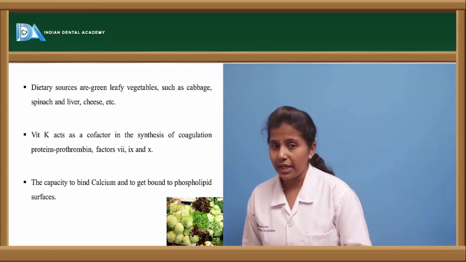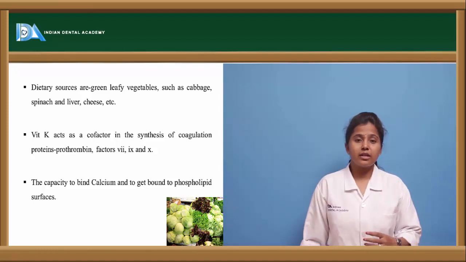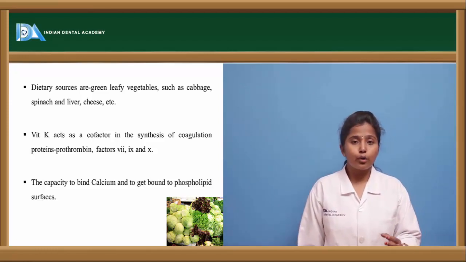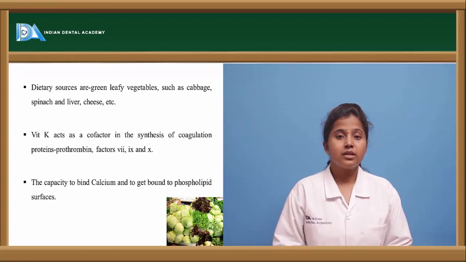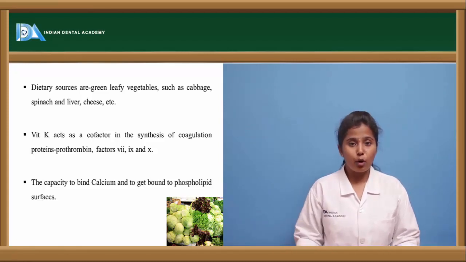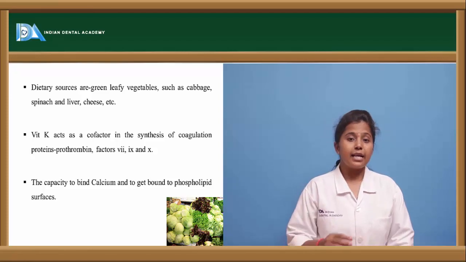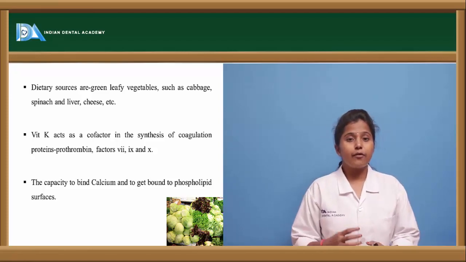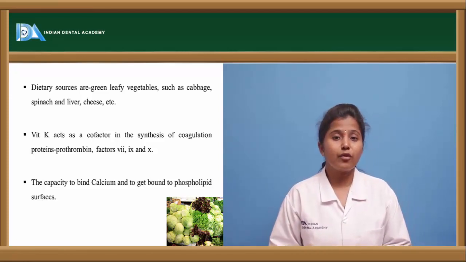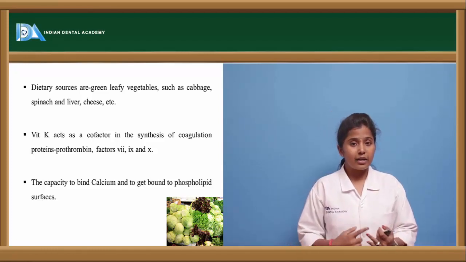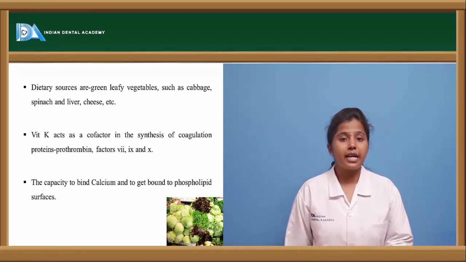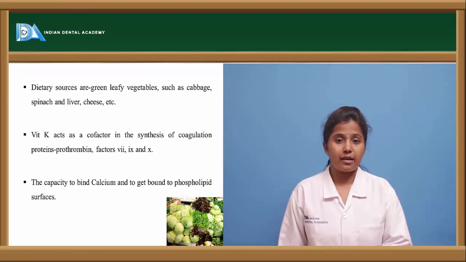And this vitamin K acts as a cofactor in the synthesis of various prothrombin protease factors. It aids in the formation of prothrombin protease complexes, and it acts as a cofactor in the formation of factors 2, 7, 9 and 10.